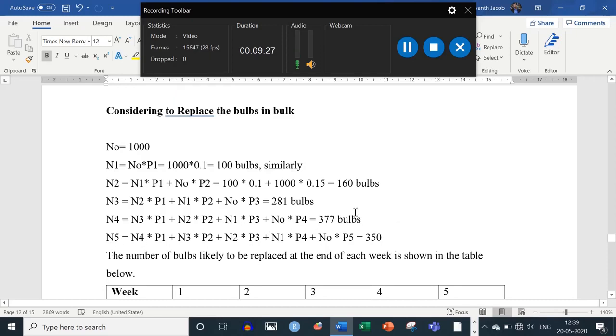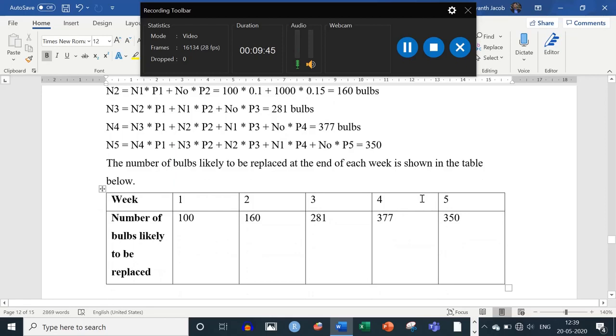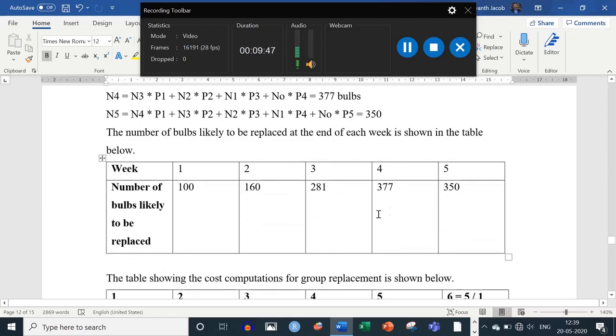Now remember, this 377 bulbs failing also include the bulbs that had been replaced in the immediate preceding weeks. So it's not just the original 1000 bulbs, it could also include the bulbs that have been replaced in the immediate preceding weeks. So here we have this data which shows how many bulbs fail in each of the weeks.